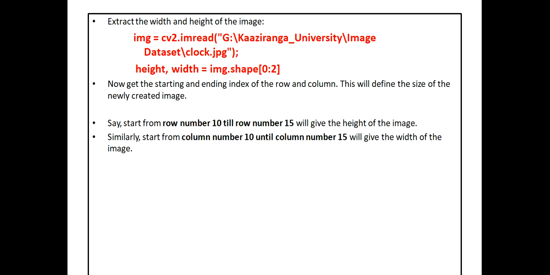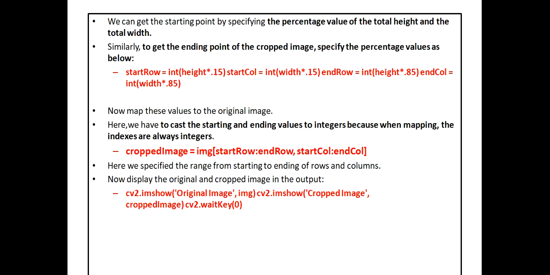So we have defined the new height and new width of the image, isn't it? Then we can get the starting point by specifying a percentage value of the total height and total width. And to get the ending point of the crop image, we specify percentage values, like start_row = int(height * 0.15), start_col = int(width * 0.15), end_row = int(height * 0.85), and end_col, meaning the ending of the column, = int(width * 0.85).